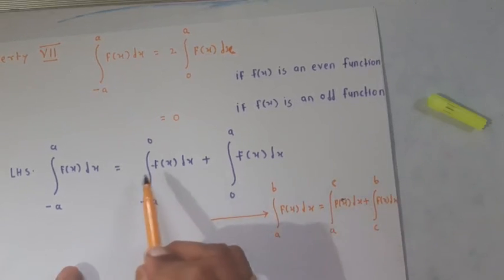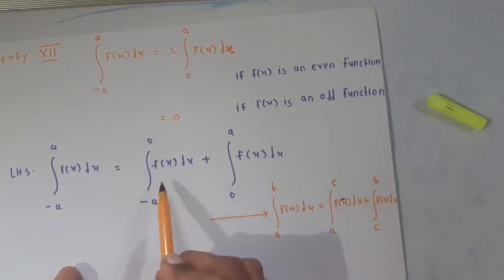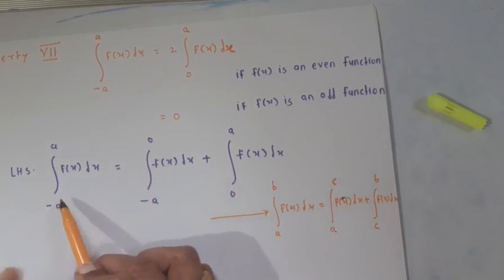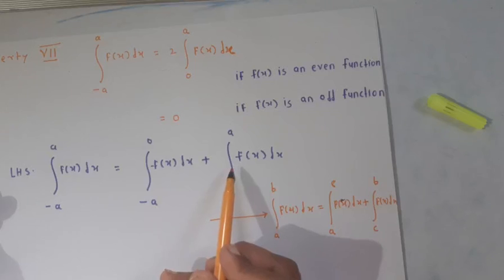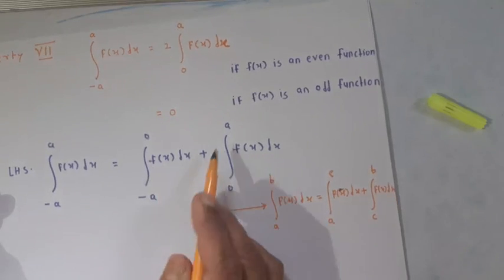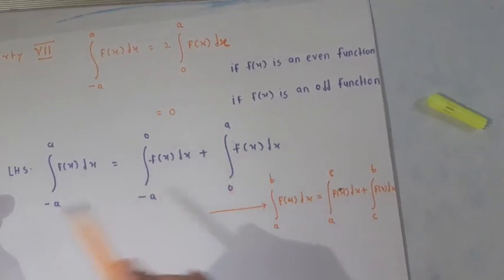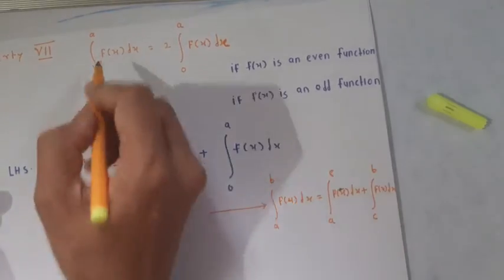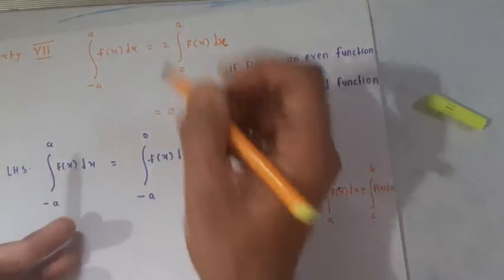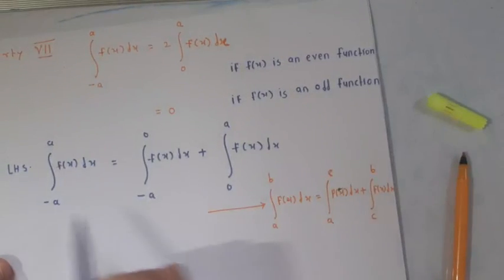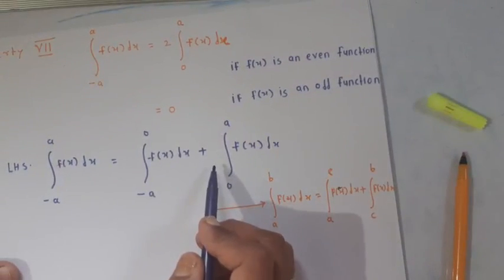Like this, by using this property we have written the LHS in terms of minus a to 0 and 0 to a of f of x with respect to x. So LHS we can express in this way.